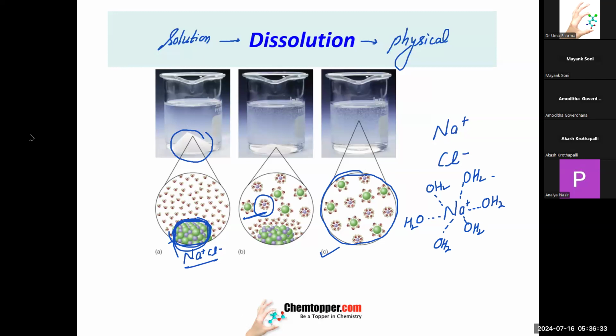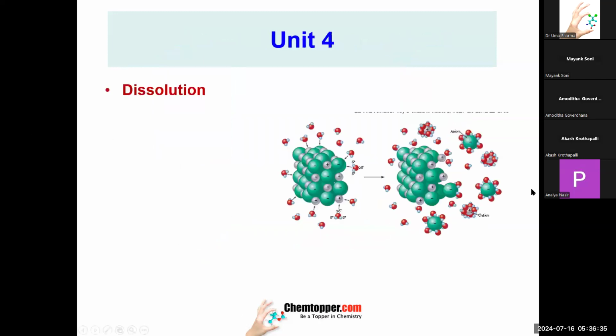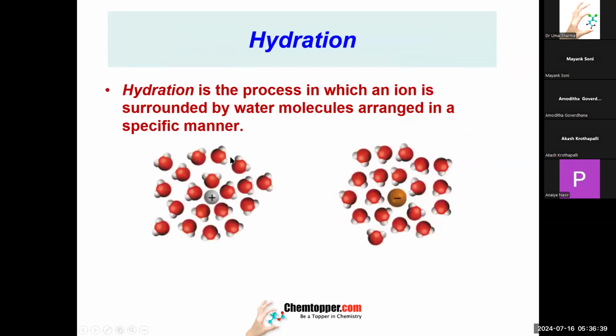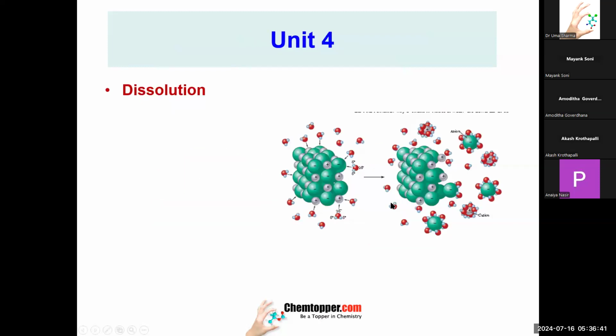So please do the quiz. So this is dissolution. What happens to the size of the ion after hydration? Here I'm asking some questions from unit 3.